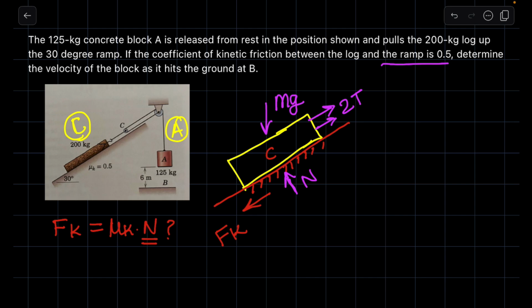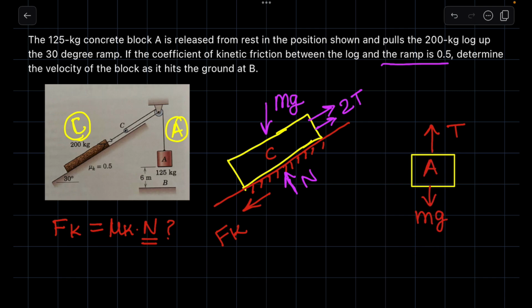Now let's move to the body A. Here we can see that there are 2 cables, one cable working in the upward direction. So I can say T upward, and mg is working downward.